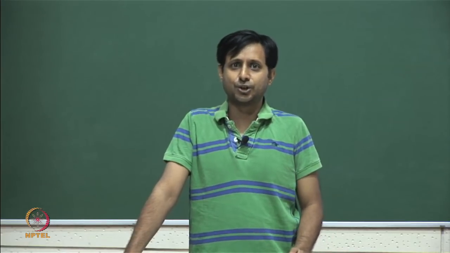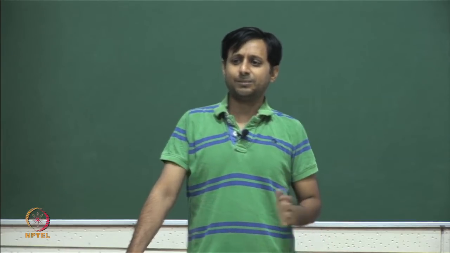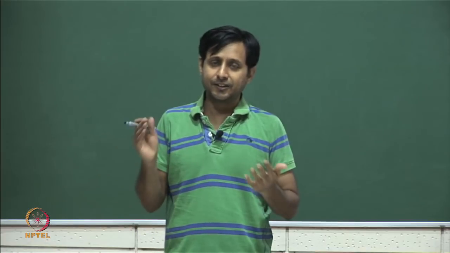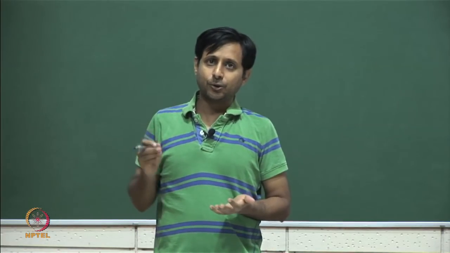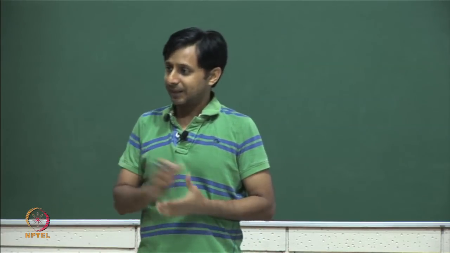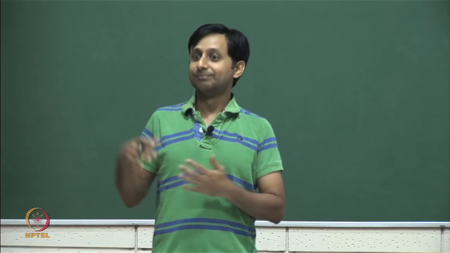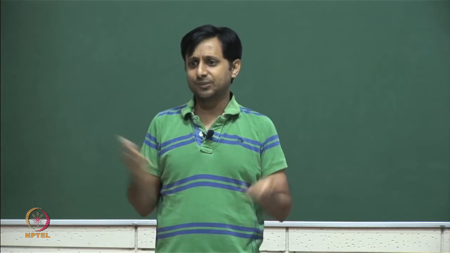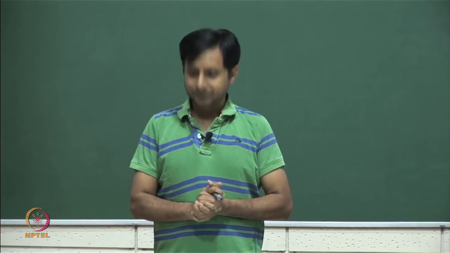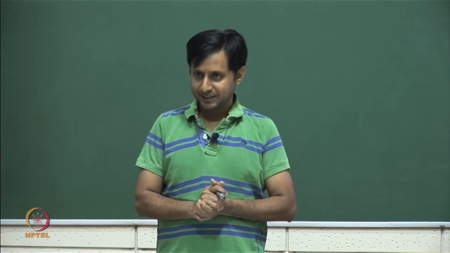Is drain a high voltage or no? Drain is reasonably high. I mean VDS has to be more than VGS minus VT. So, drain is somewhat large, at least more than 0.2, 0.3, right. So, drain to body is reverse biased.